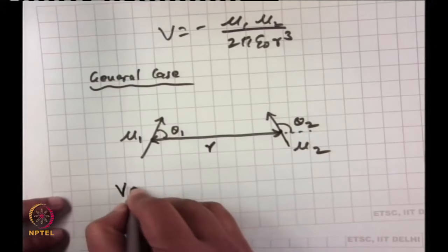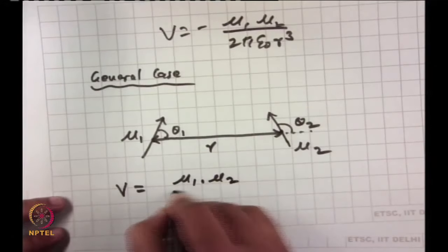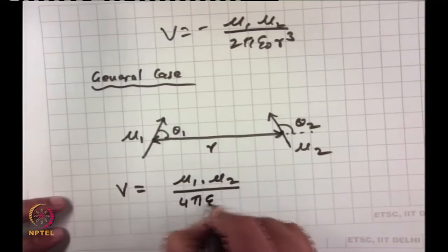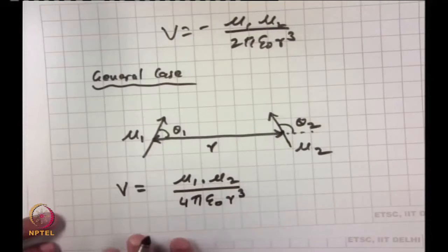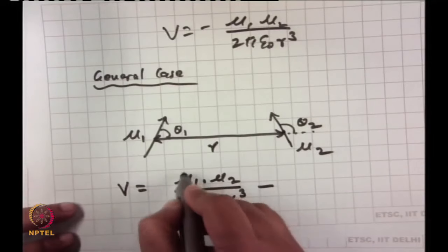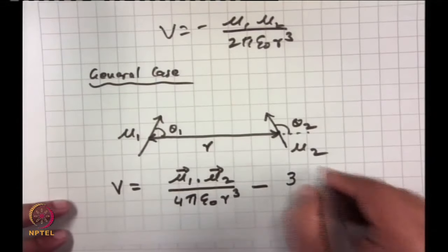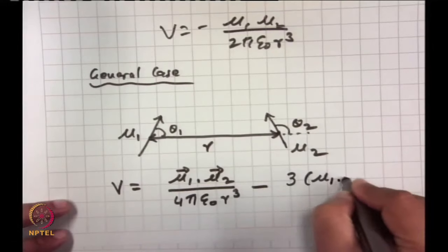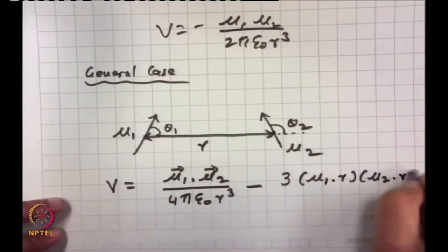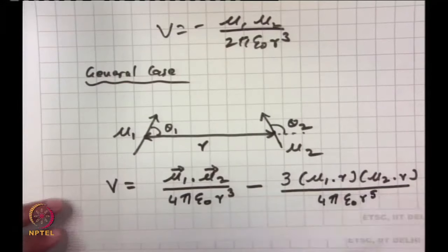So, here we will not look at the derivation, but we will just write down the actual form. The actual form is, or the potential energy can be written as V is equal to mu 1 dot mu 2 by 4 pi epsilon 0 r cubed, that is the first term, minus, now remember there is a dot product mu 1 dot mu 2, that means we are talking about vector quantities now, right, minus 3 mu 1 dot r times mu 2 dot r over 4 pi epsilon 0 r to the power 5.